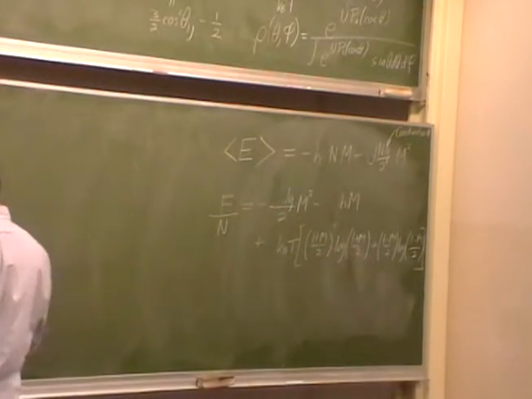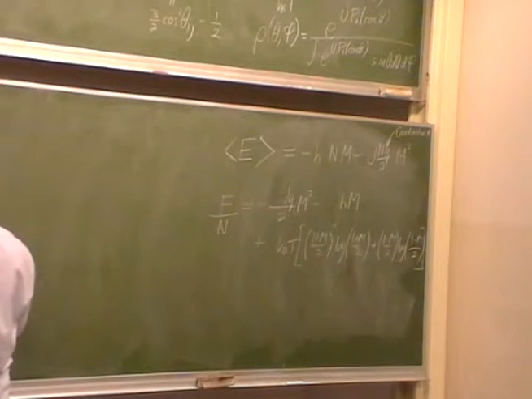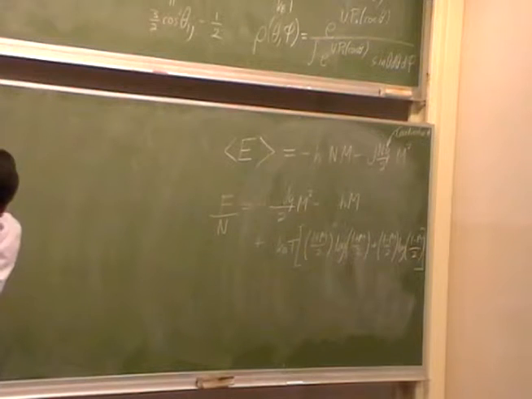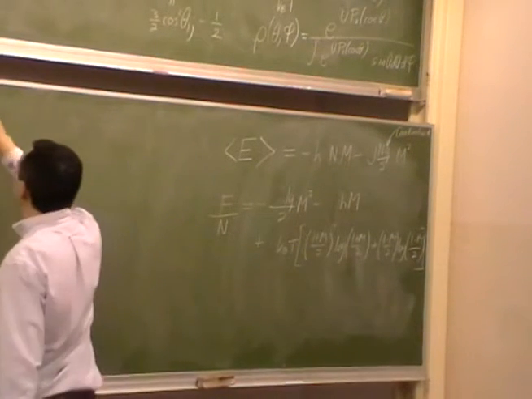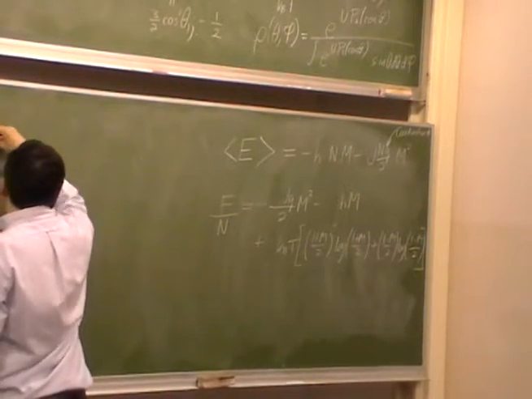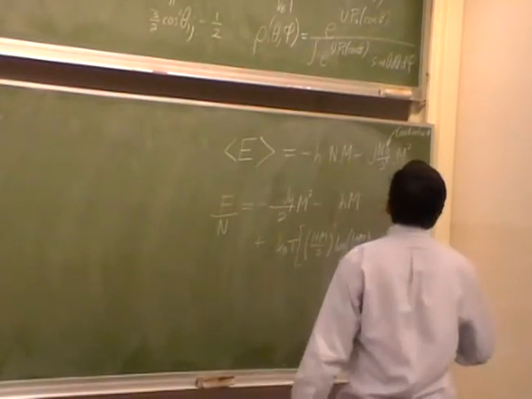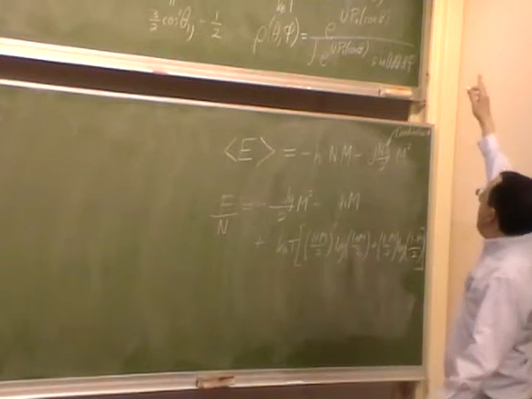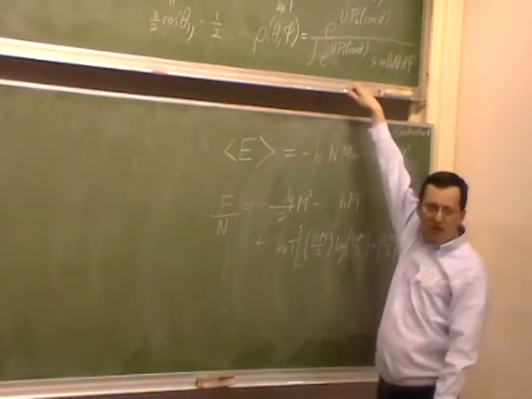So minus T times the entropy is equal to kTN, and I've got a rho log rho, and rho is this ratio.